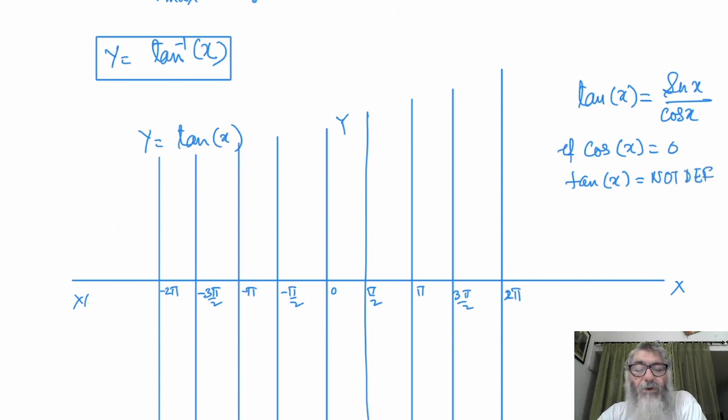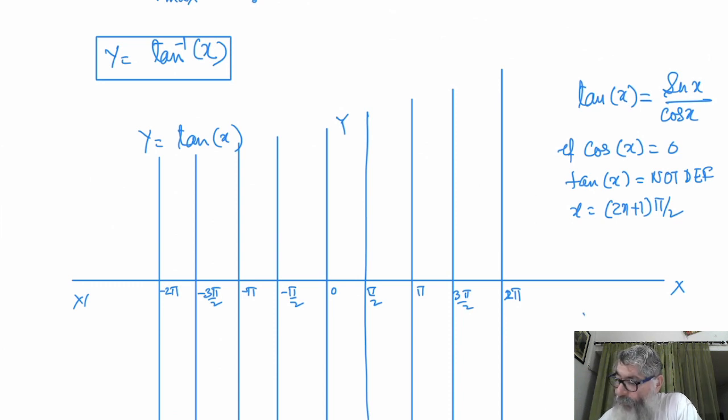And cos x is 0 where? Cos x is 0 when x is equal to (2n plus 1) pi by 2. When there are odd multiples of pi by 2, cos x is 0 and tan x is not defined.